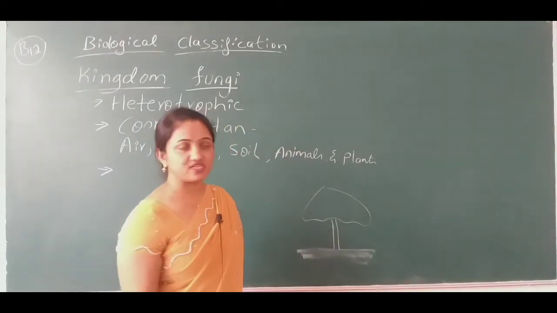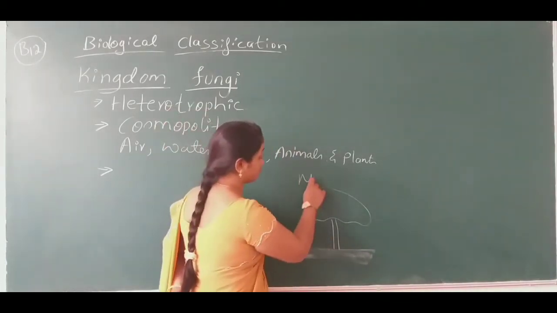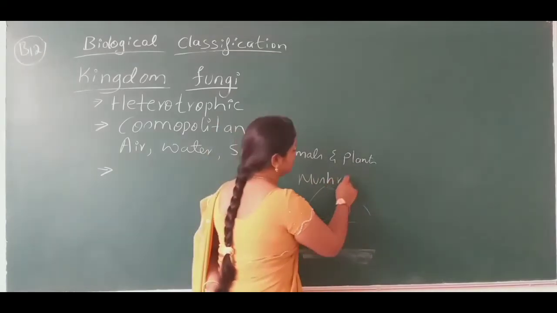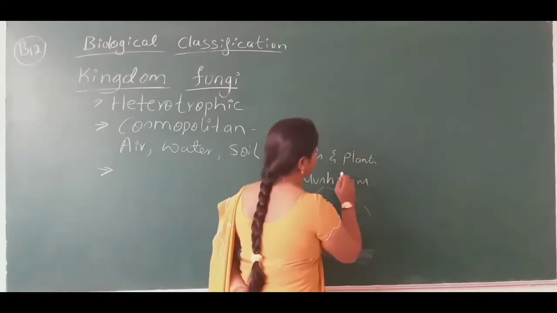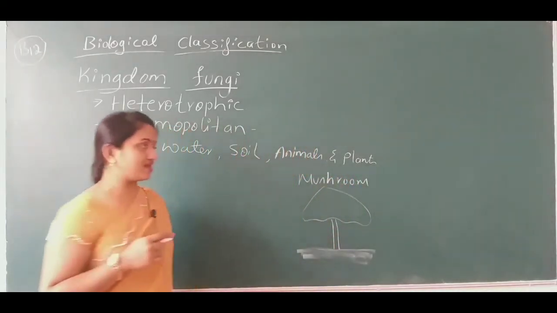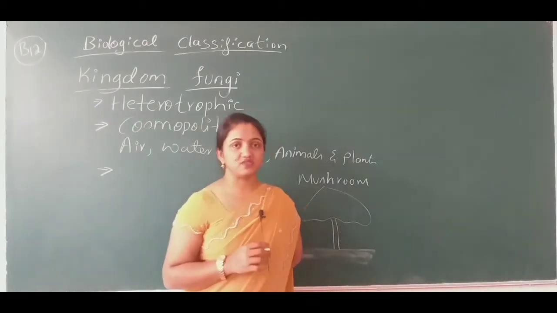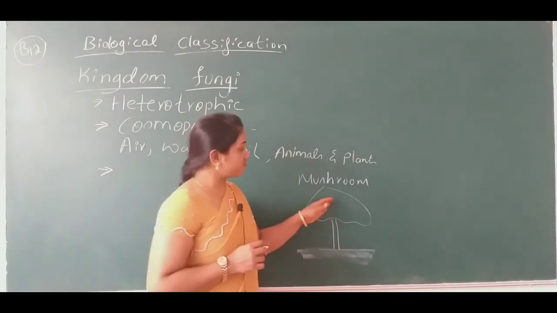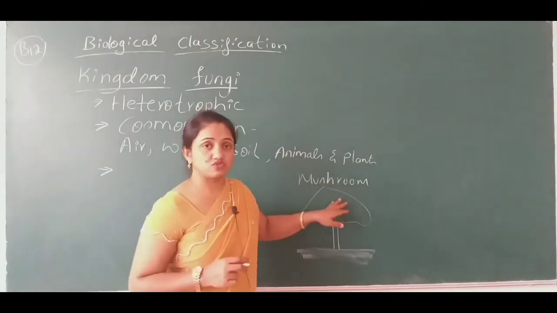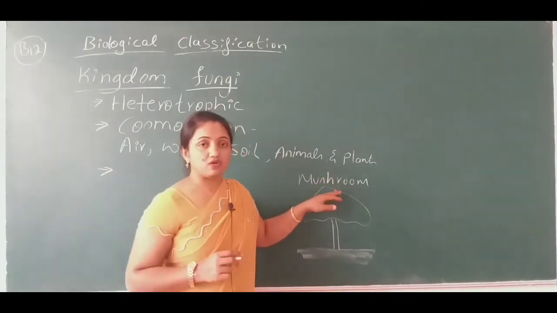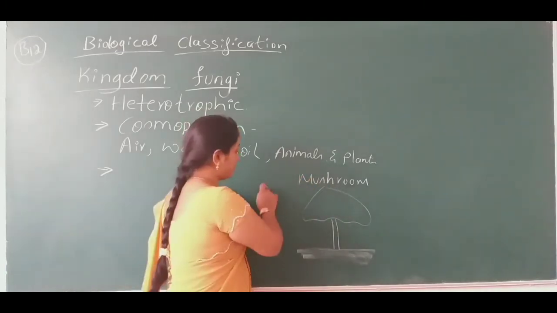Can you imagine what that is? Most of you may like this food. This is known as mushroom. Can you tell to which kingdom it belongs? It is not a plant, not an animal, it is a fungus.